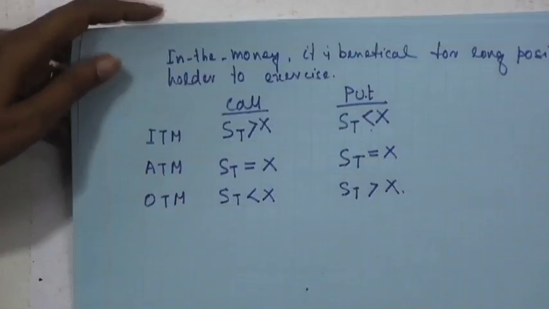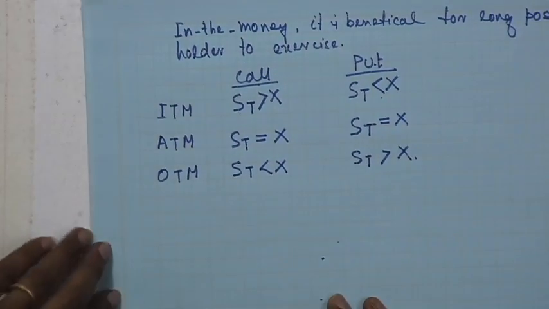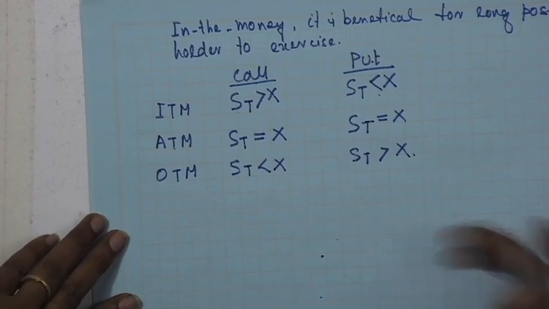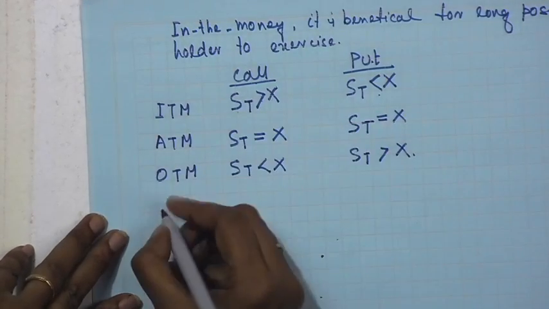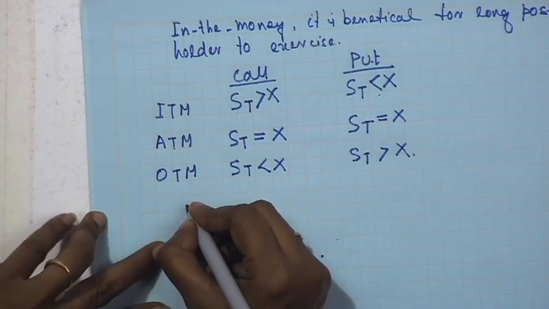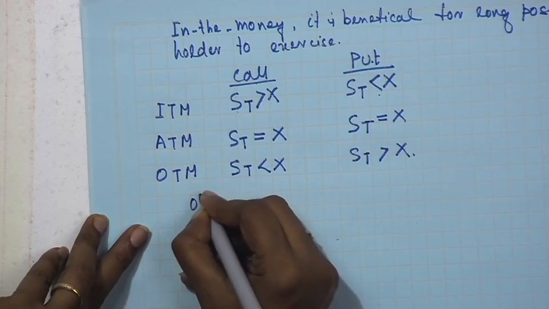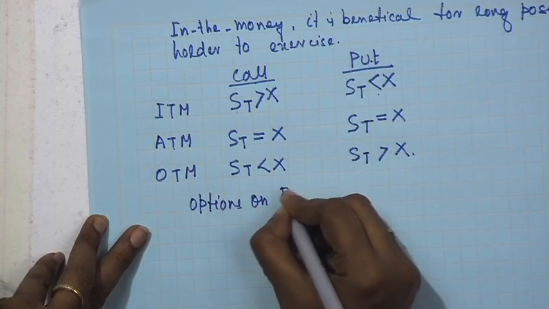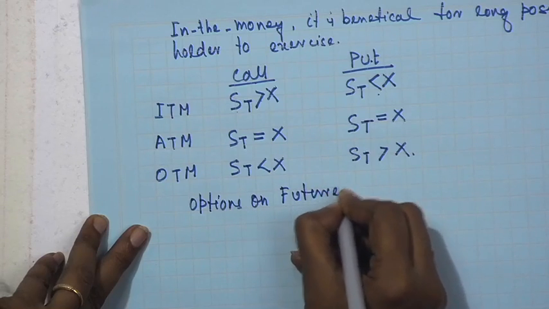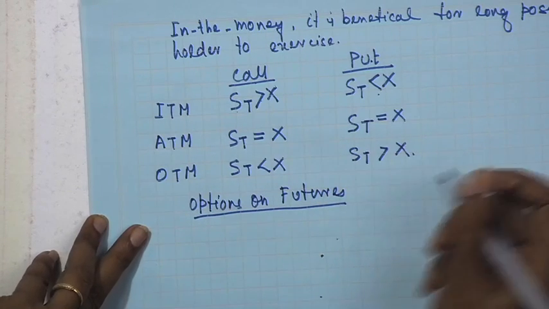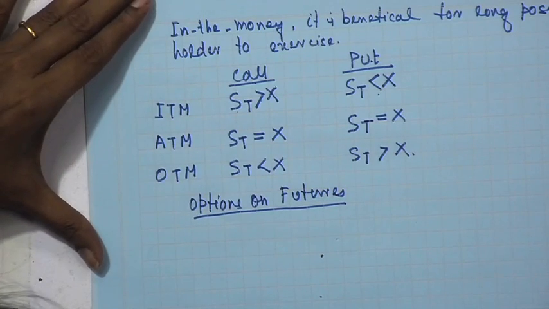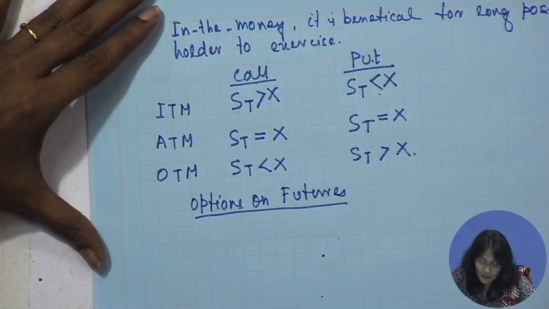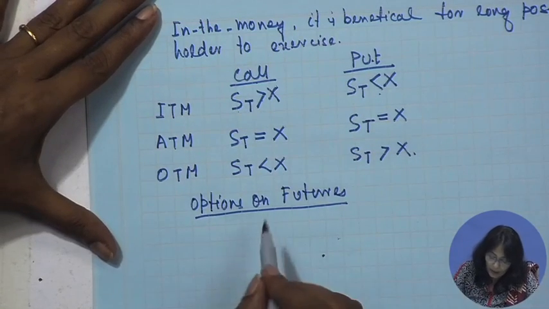Now, let us go to our understanding of options on futures. So, when we are talking about commodity options that have futures as the underlying, when is an option going to be in the money?